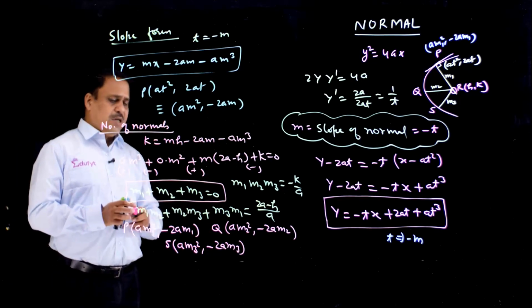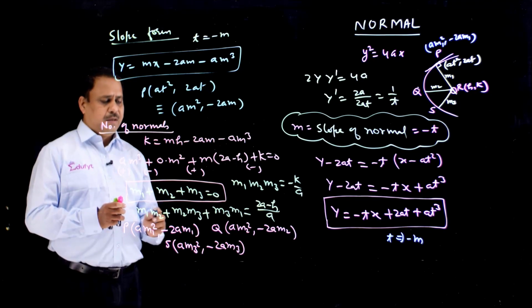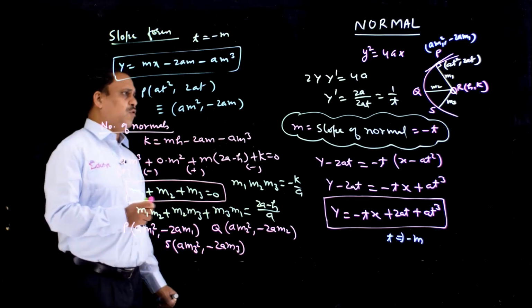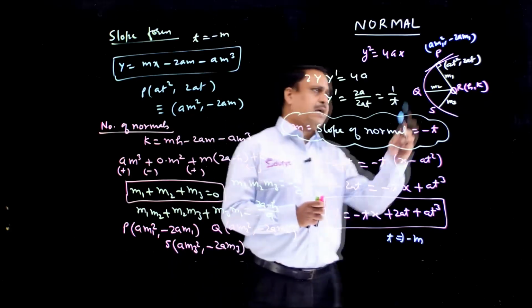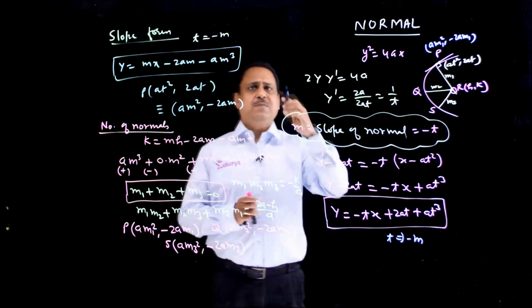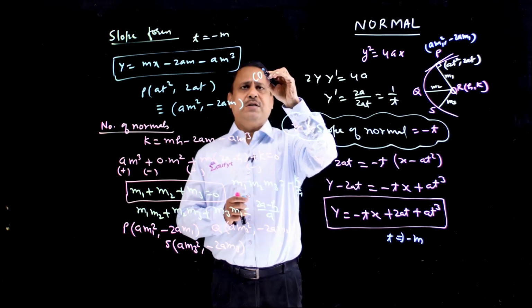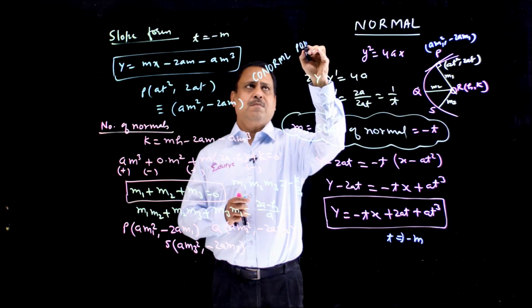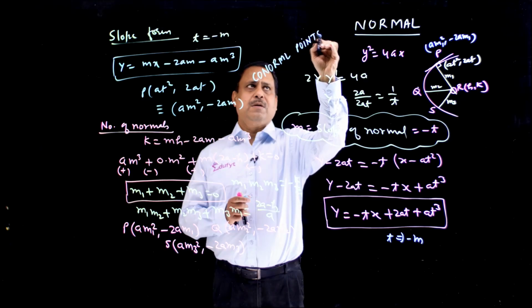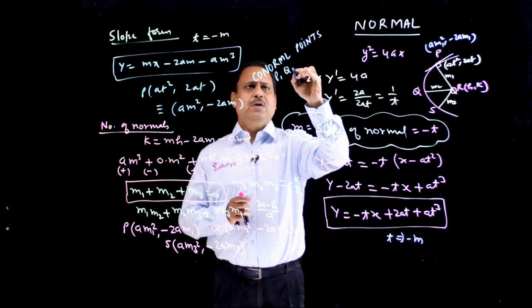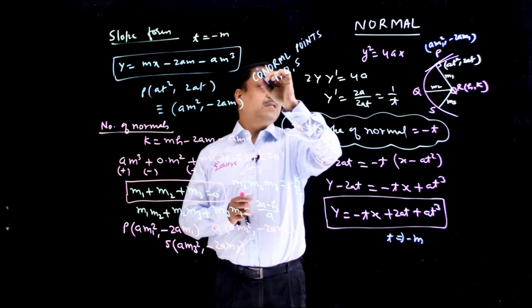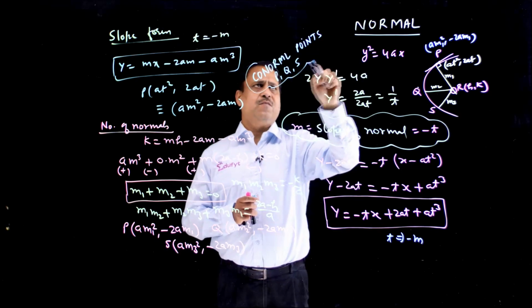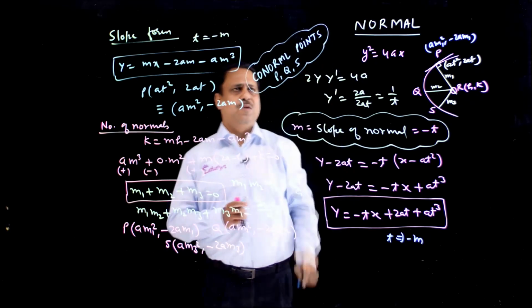So one thing you can observe here: P, Q, S are conormal points. That means feet of normals drawn from a point are known as conormal points.